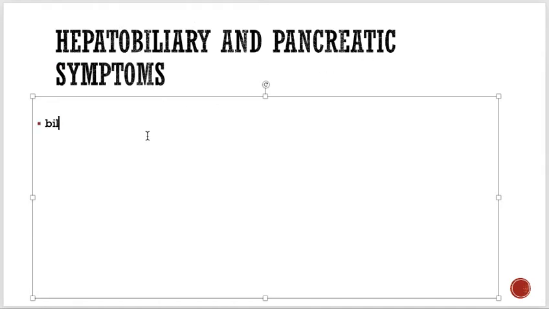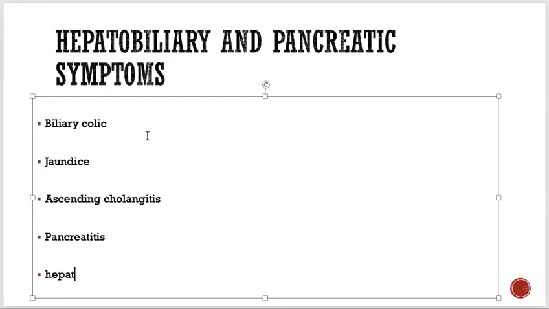The patient presents with biliary colic, pain, as well as jaundice, as well as ascending cholangitis. I'm sure many of these things you don't know, but you will study these things and you will know. Even pancreatitis can develop in these patients. Hepatic abscesses are also reported in many areas of this world.